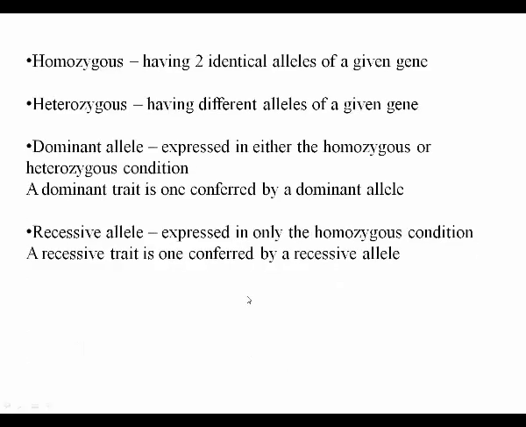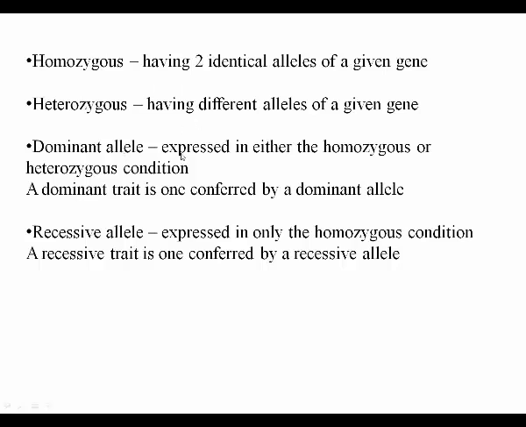I'm going to give you some more modern terms, not terms that he used in his paper in 1865, but the terms that we use now. Homozygous is a genotype, and it's having two identical alleles of a given gene. Heterozygous is having two different alleles of a given gene.